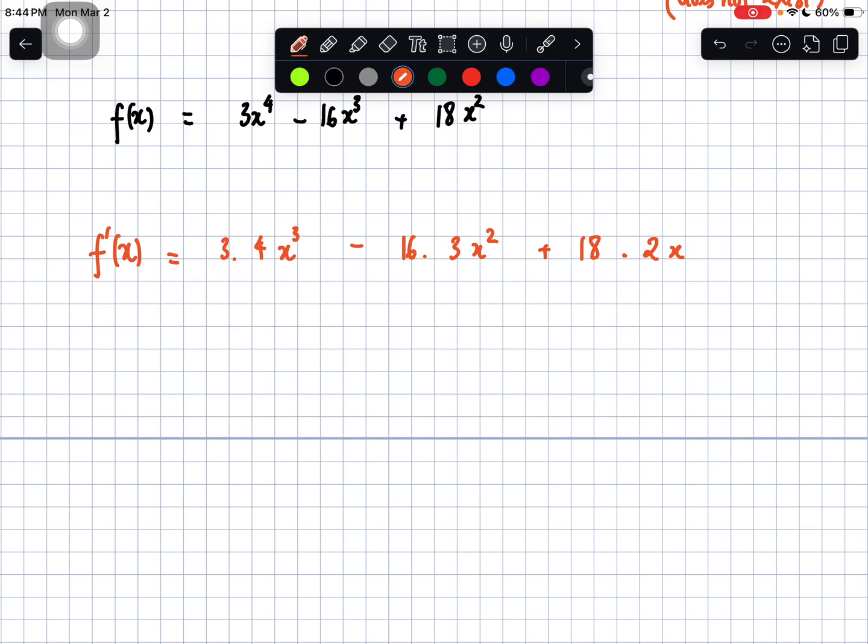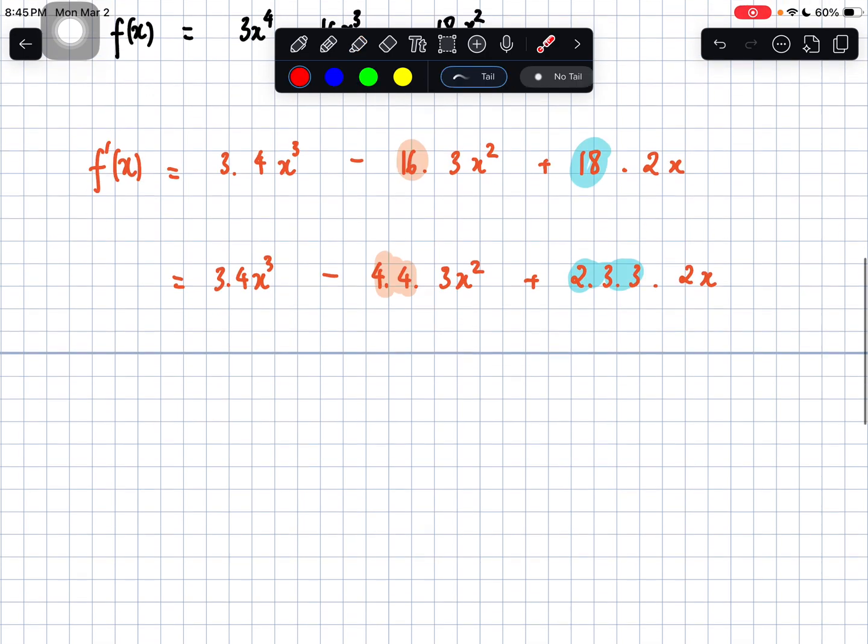So we have 3 times 4 x cubed, 4 times 4 times 3 x squared, 2 times 3 times 3 times 2 x. So 18 is 9 times 2, 16 is 4 times 4, and 3 times 4 I keep the same.